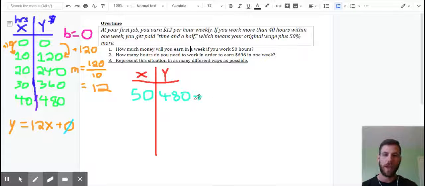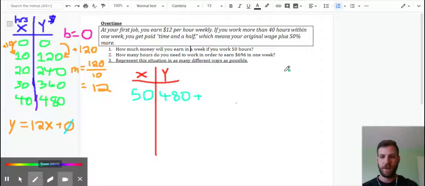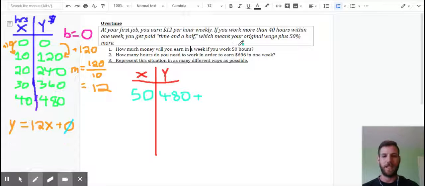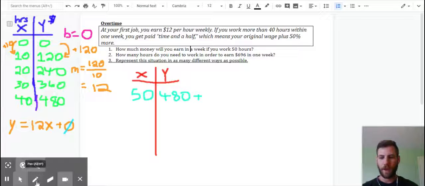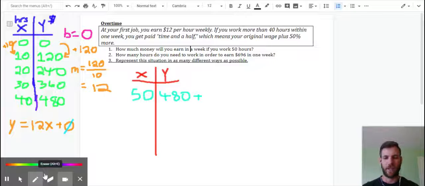So if my wage is time and a half, I would need to think about what that means. I need to increase my $12 per hour by 50%. When I'm trying to figure out what's going on with those next 10 hours, I need to first figure out what 50% of 12 is. And I can do that up here in the corner.